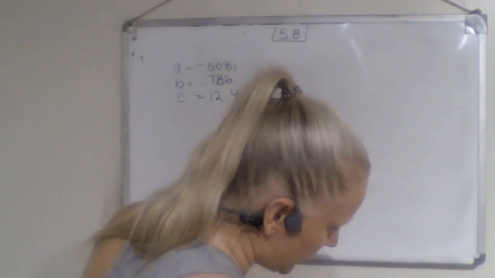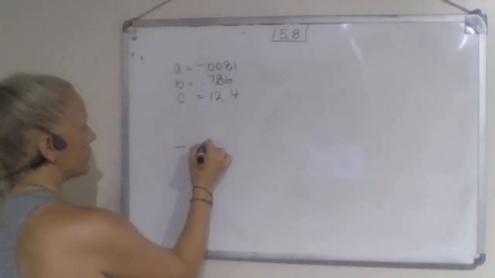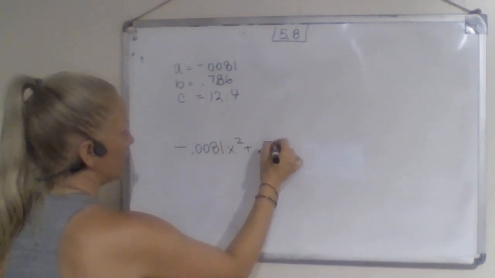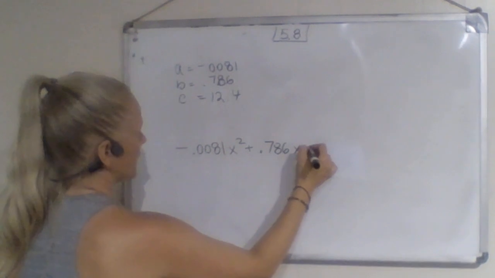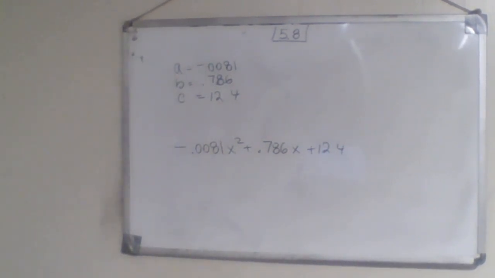Okay, so I can rewrite this as negative 0.0081x squared plus 0.786x plus 12.4, and that is my quadratic model.